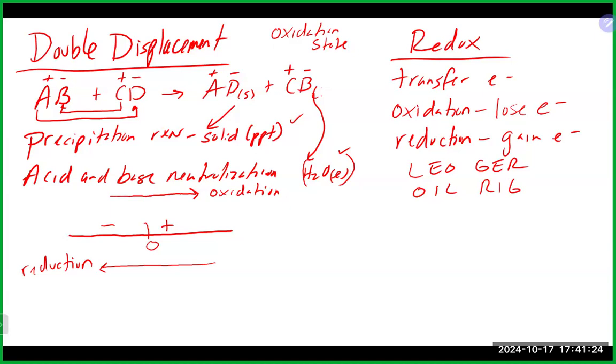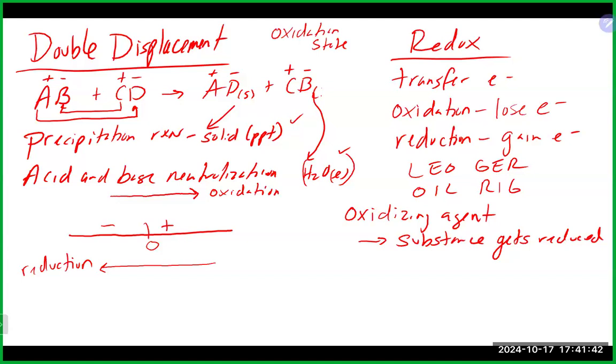Now, another thing we talked about is the oxidizing agent. The oxidizing agent is the substance that gets reduced. It's called the oxidizing agent because when it gets reduced, it has to gain electrons.